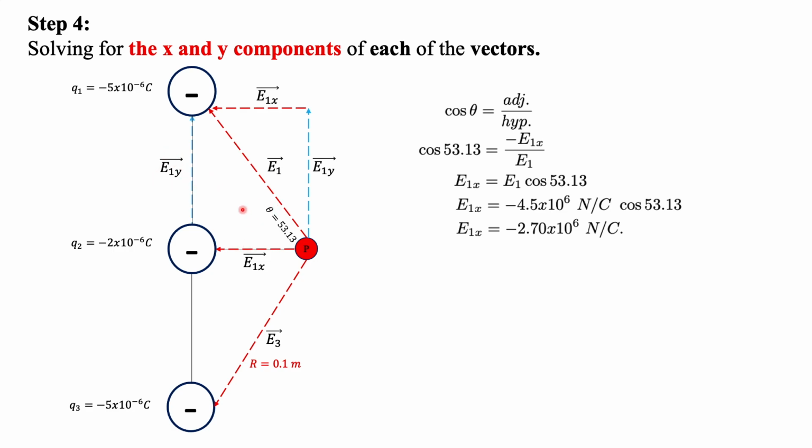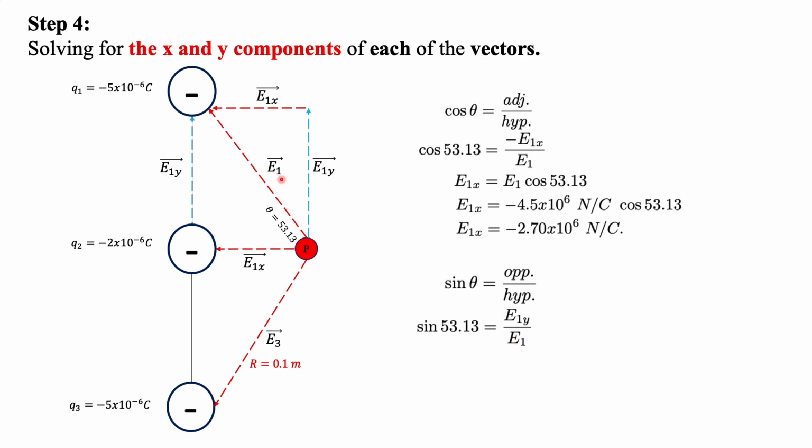So the mnemonic would say so ka, opposite means so. So recall that sine theta is just opposite over hypotenuse. And from the geometry, you get that the sine of that angle, which is 53.13, is just the E1y, and it should be positive since it's moving up, over E1. The hypotenuse is still the E1 vector.